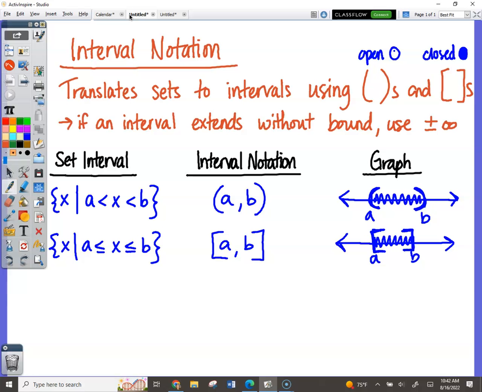The difference here was that this was closed, right? And then this was open. That was the difference there. All right, so now let's mix it up a little.